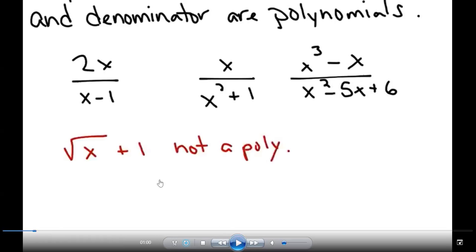Now, just to remind you, if you had a fractional exponent in either the numerator or denominator, that would not count as a polynomial. Or if you had a negative exponent like that in any numerator or denominator of the fraction, that would not count as a polynomial. You could have these in a numerator or denominator, but if you did, you wouldn't have a rational expression. Understood? That's the definition. So we'll deal with rational expressions for this section 1.4.